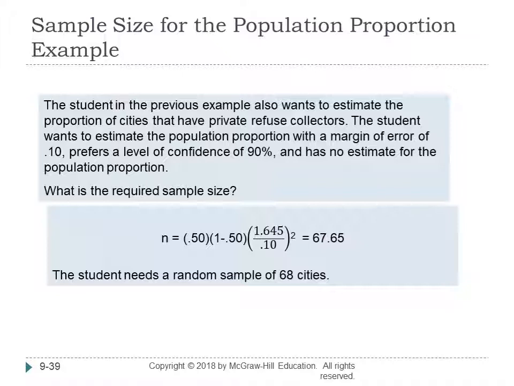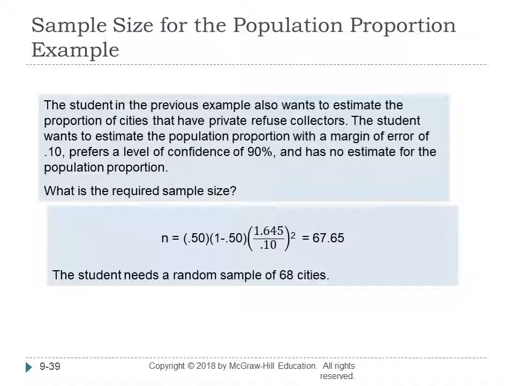She wants to know the proportion of cities that have private refuse collectors. The student wants to estimate the population proportion with a margin of error of 0.10. She prefers a level of confidence of 90% and has no estimate for the population proportion. What is the required sample size?